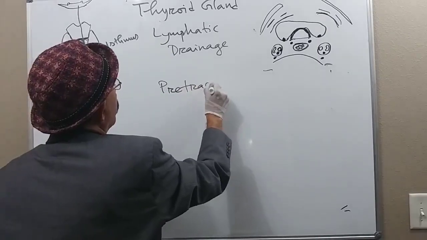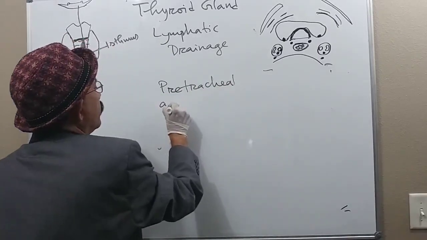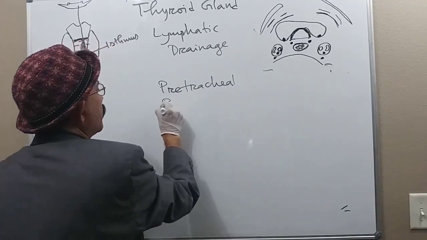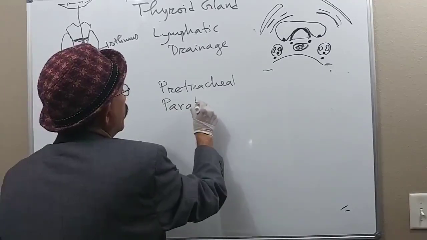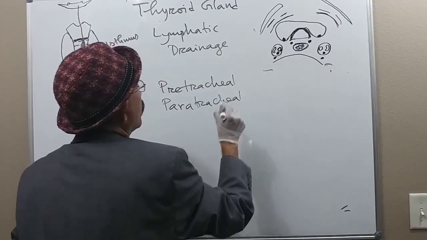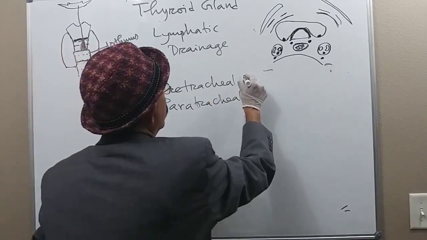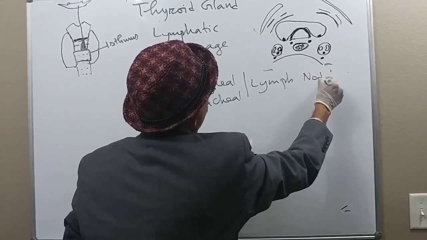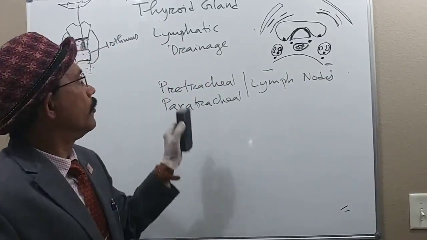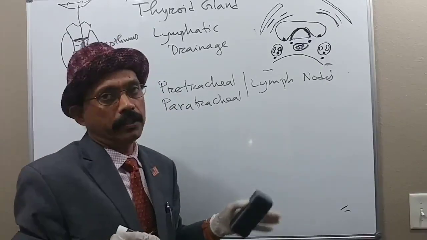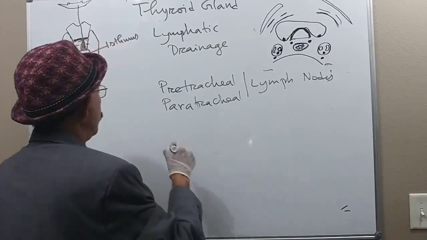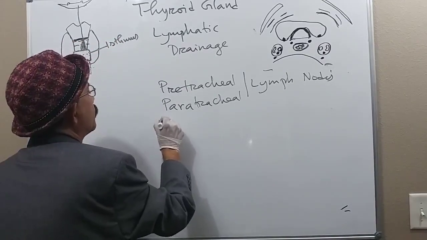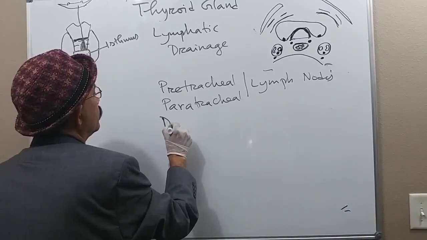Pretracheal and paratracheal lymph nodes. Also, from the thyroid gland we get lymphatic drainage to the deep cervical lymph nodes.